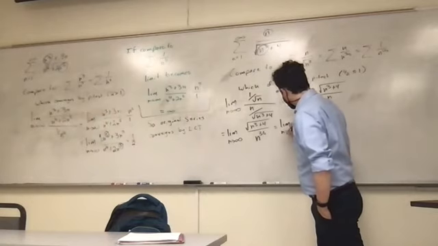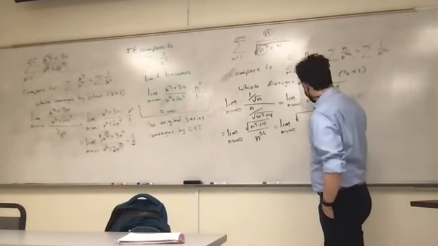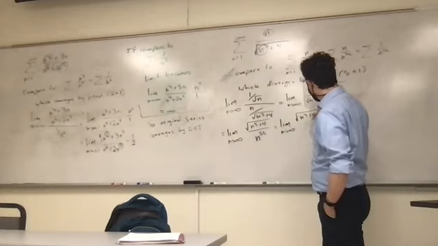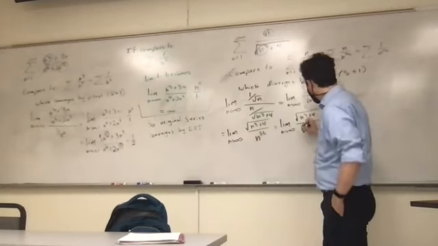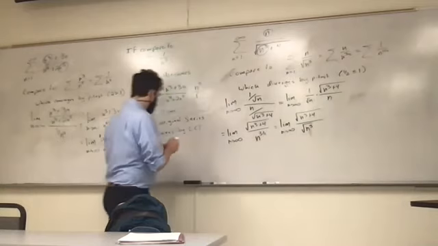Because we can rewrite this as the square root of n cubed plus 4 all over the square root of n cubed.